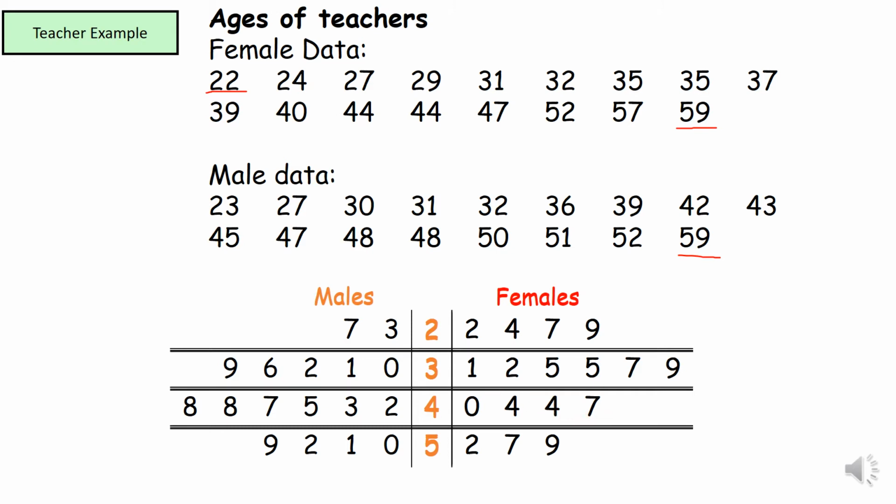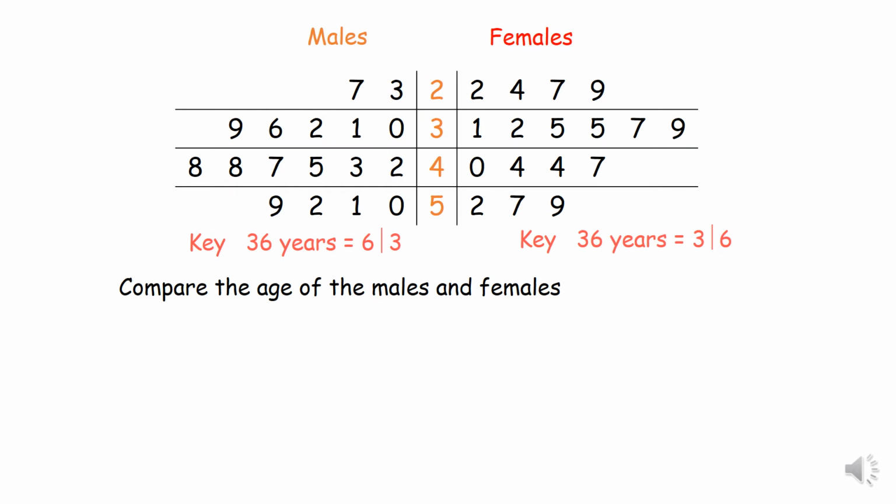Okay, so once you have completed your back-to-back stem and leaf diagram, you might be asked to compare your data. Oh, before I move on, let's focus on the key parts. So this part of the key is the same as the key you used to write in the previous two lessons, but be careful about this part.